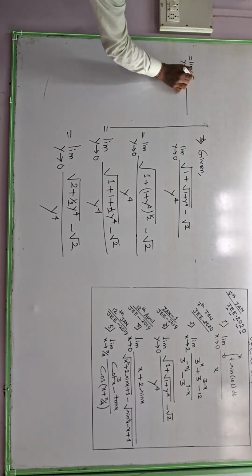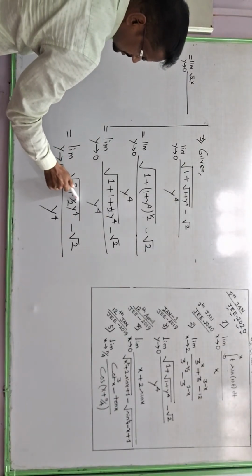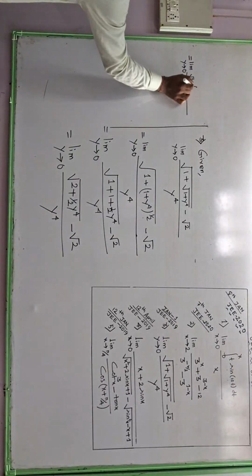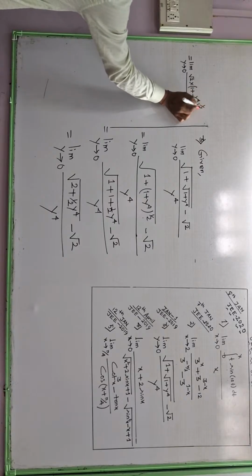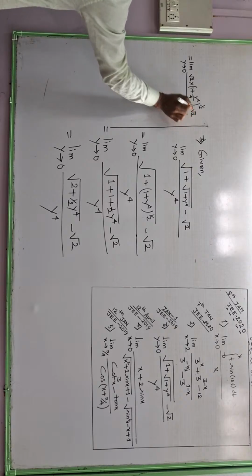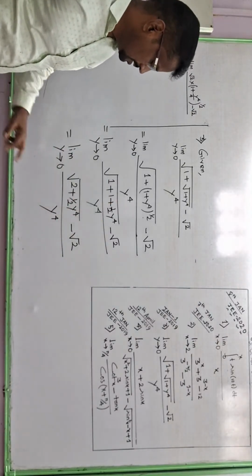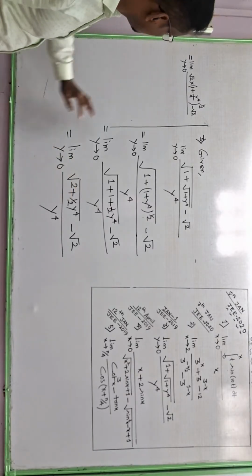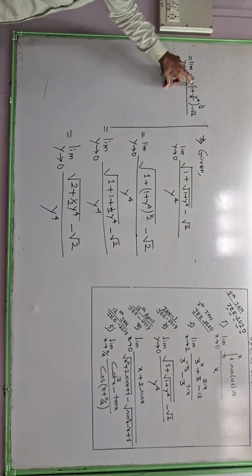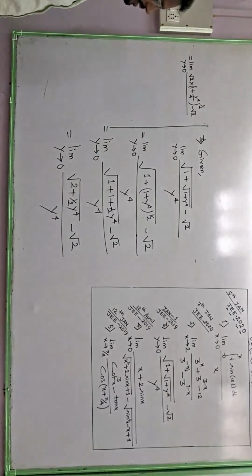Then here it will be root 2 into what will be left here? 1 plus 1 by 4, so we can write 1 plus y to the power 4 by 4 whole to the power half, minus root 2. It means this root is in exponential form, whole to the power half. And if you take the 2 common from here, you have to give 1 by 4 in order to balance it. So root 2 inside multiplied gives 2 into y to the power 4 by 2 again. That's it.